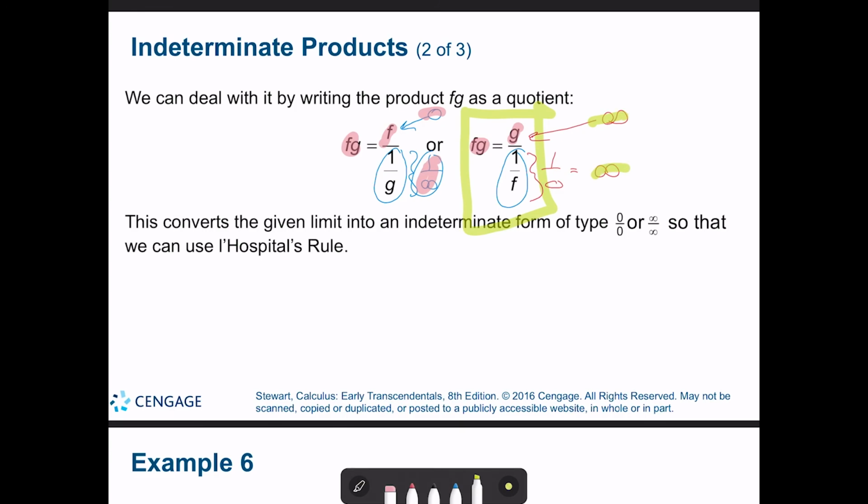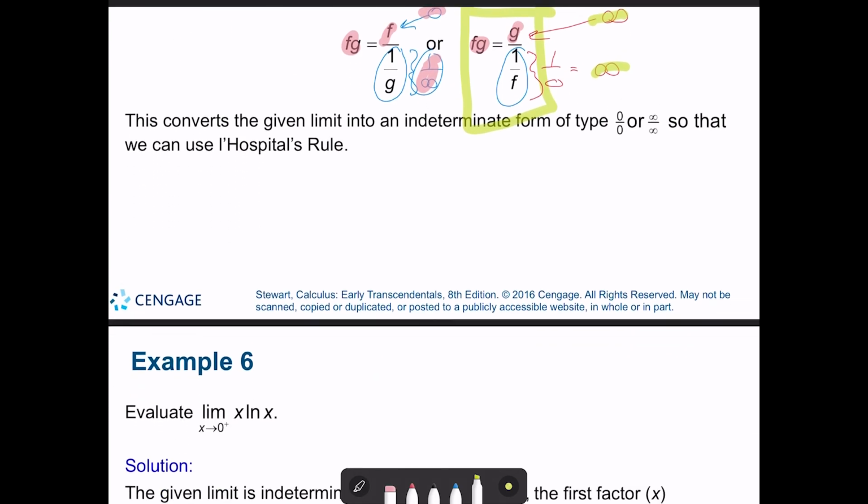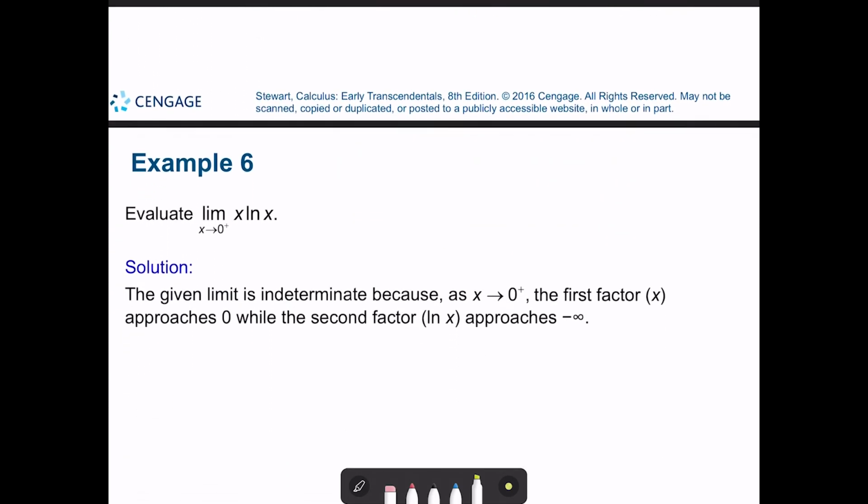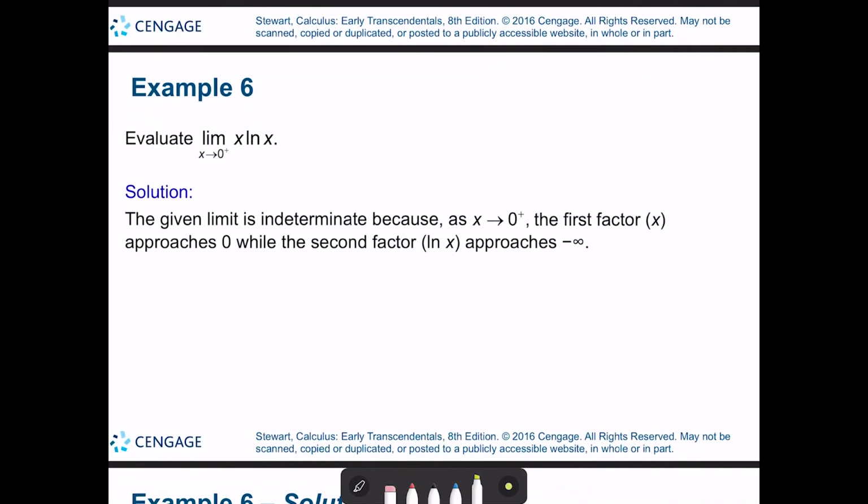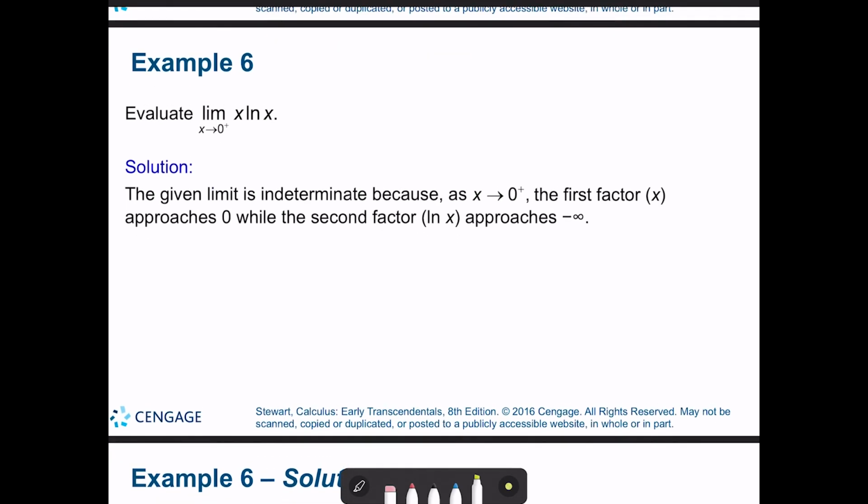And don't we know how to deal with that? L'Hopital's rule. Fantastic. So we're taking a slightly different looking problem and converting it into a type of problem like 0 divided by 0 or infinity divided by infinity, but we already know how to deal with that. So it's clever in that way. It's also weird in that way, but it works.